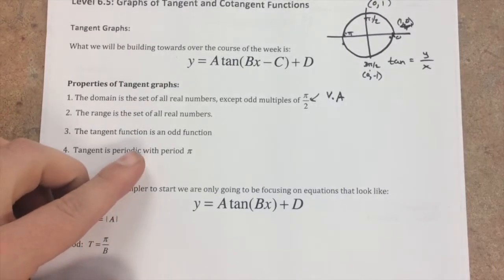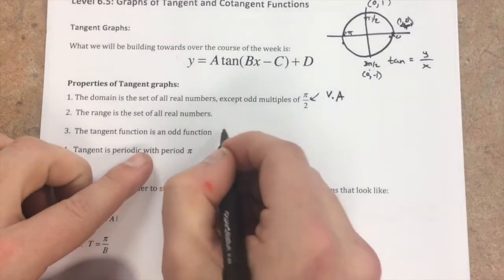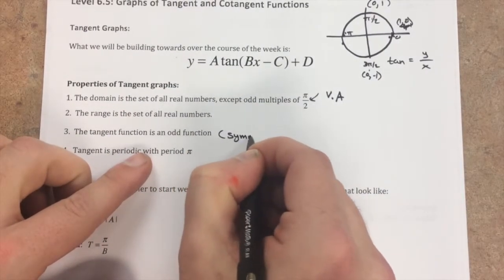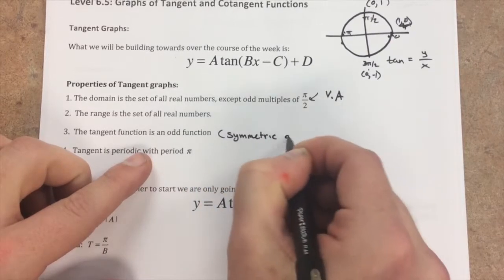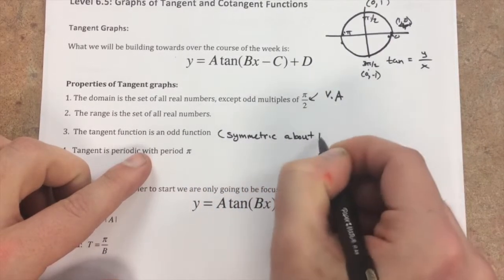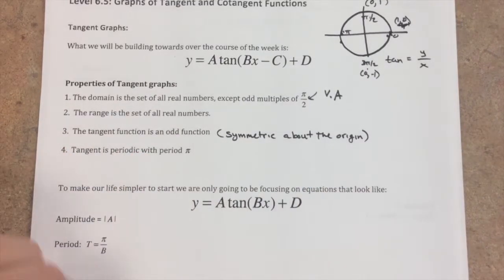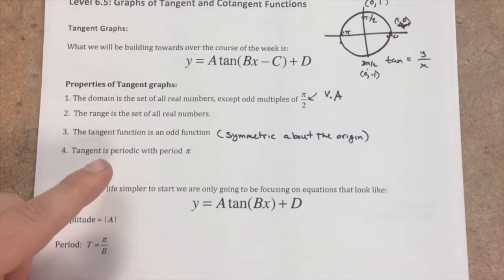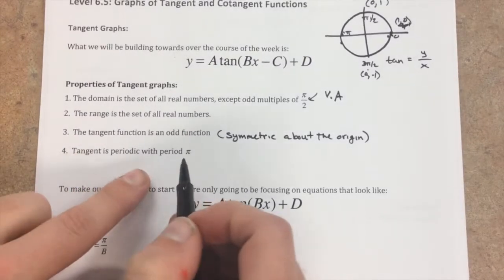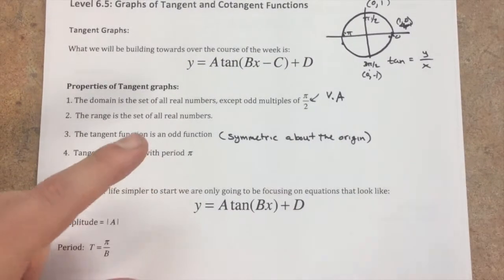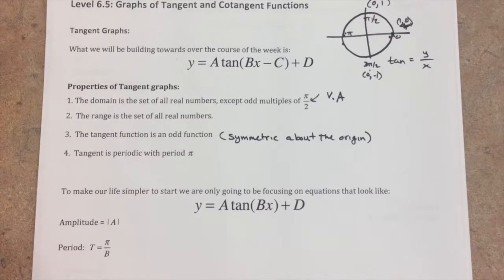The tangent function is odd, which means, if you remember from level 2, it's symmetric about the origin. And the last bit, tangent is periodic with a period of pi. So unlike sine and cosine, it only takes halfway around to get one cycle of tangent.